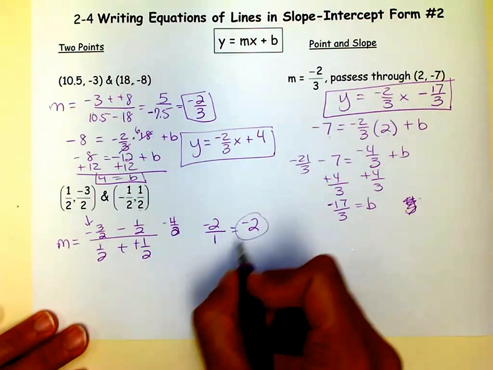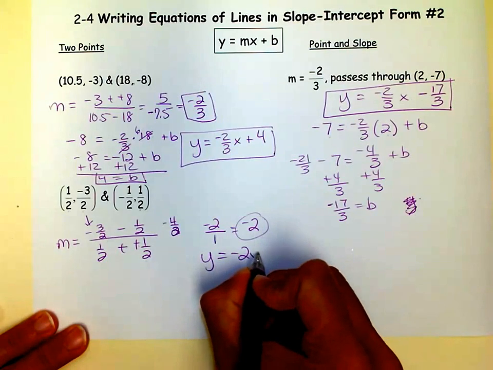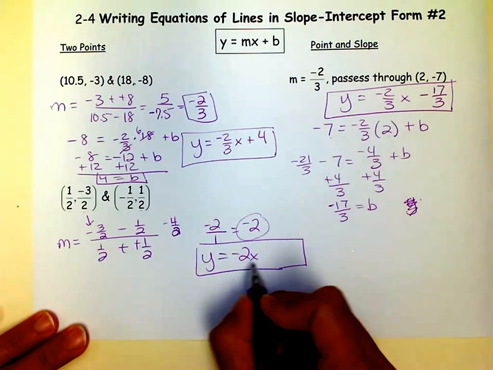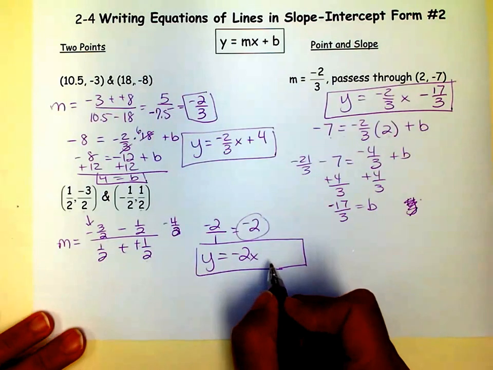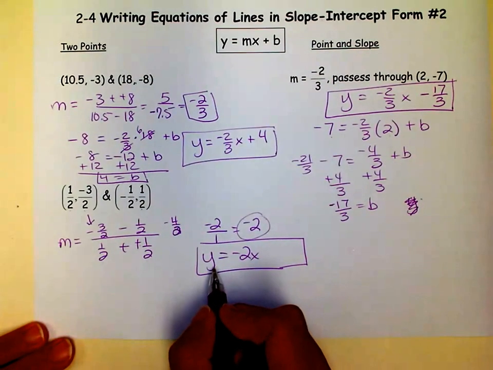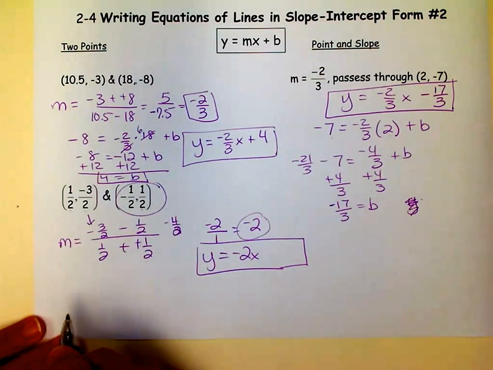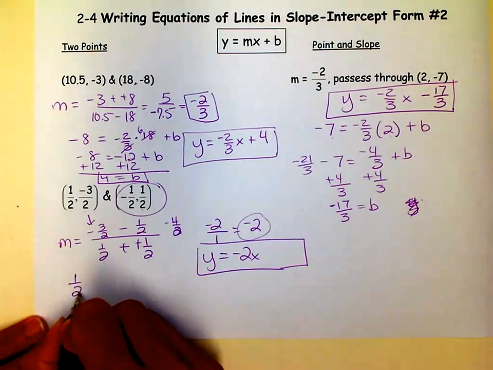So we have our slope, but remember, we need not only our slope, but we need our y-intercept. So here's going to be our answer, but we've got to plug the point back into the equation to figure that out. It doesn't really matter which point you choose to do this next part.